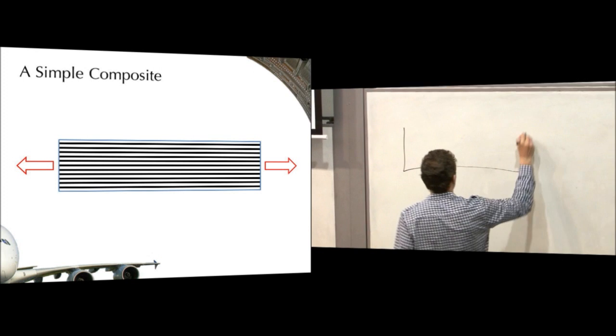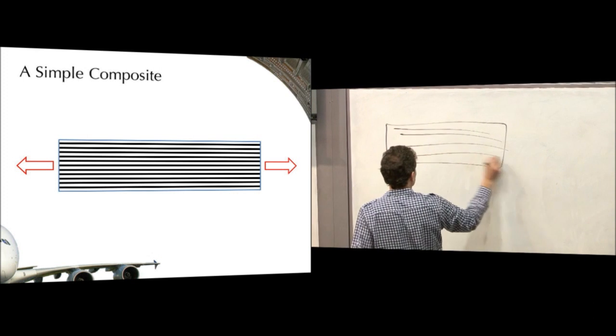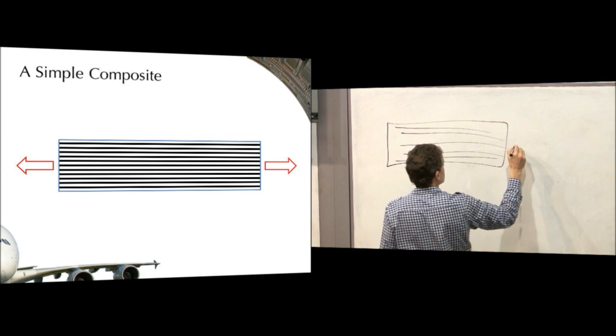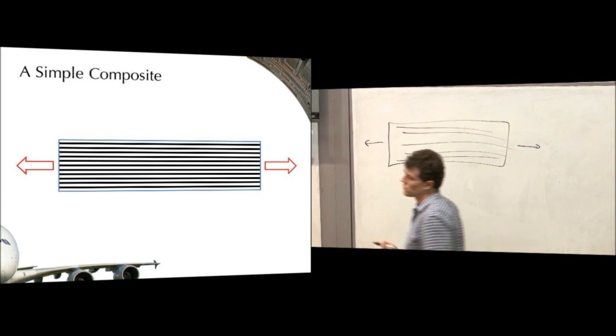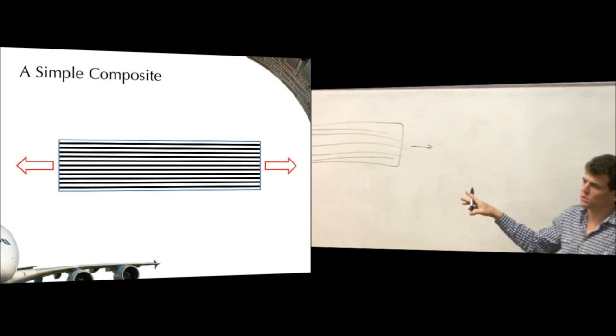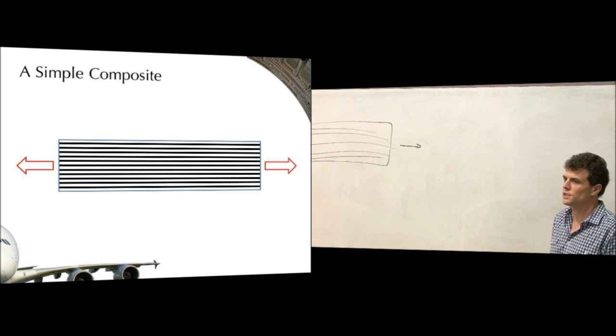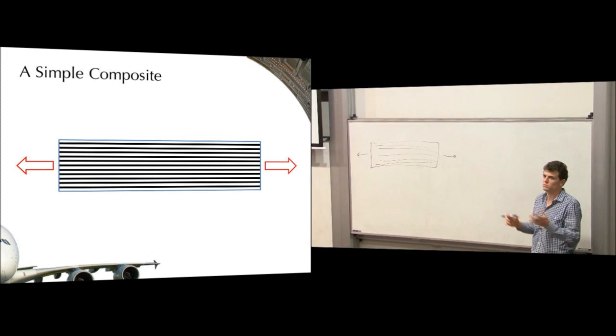So we've made a bar specimen and put a bunch of fibres in. And in practice, when we do this, we get somewhere around 60 to 65% of the total volume of the bar is fibres.